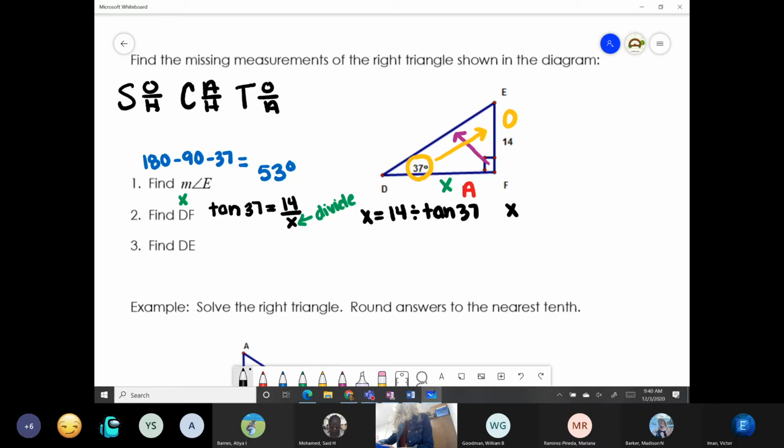And I'm going to type that in my calculator, 14 divided by tangent of 37. I want to round that to the nearest hundredth, so I'm going to get 18.58.